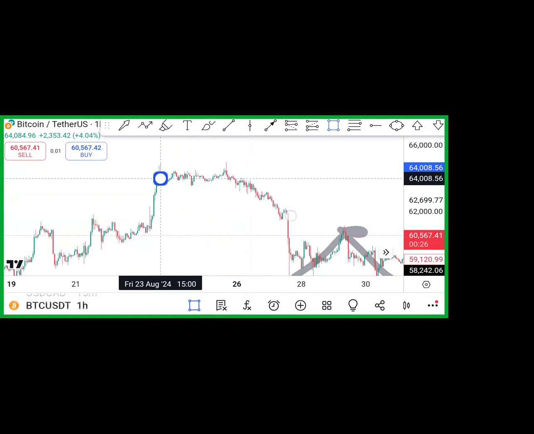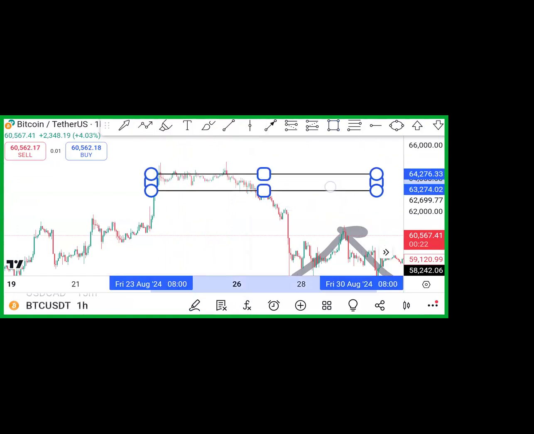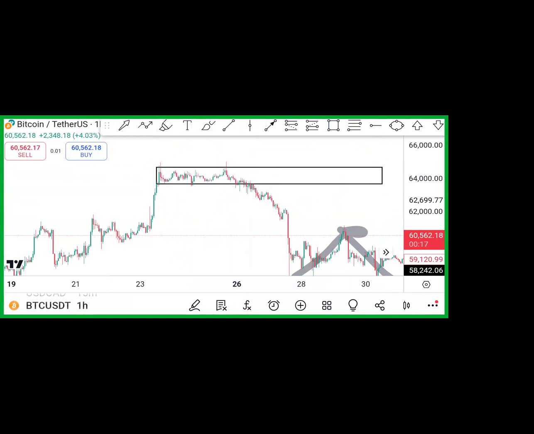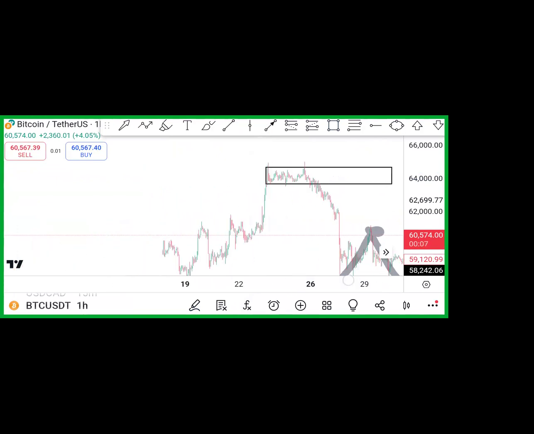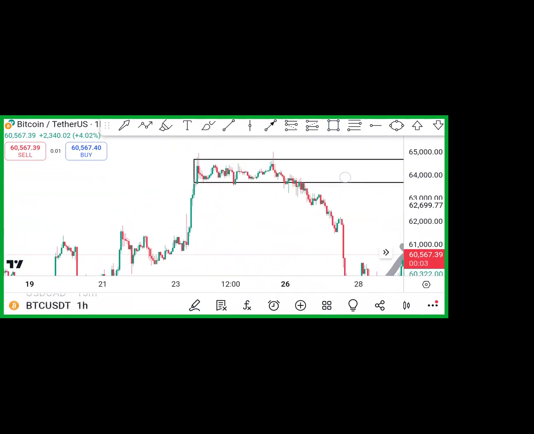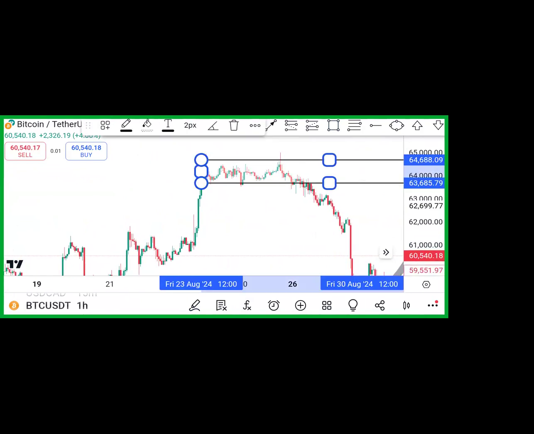Now, how do you mark out your supply or your demand level, right? To mark out your supply and demand level, many traders use order blocks. Me personally, I use order blocks to mark out my supply and demand levels, right? Now, many of you start asking, hey, I don't know what an order block is.